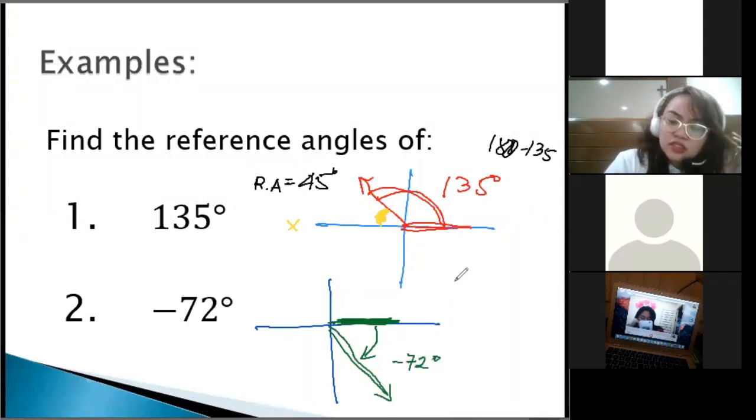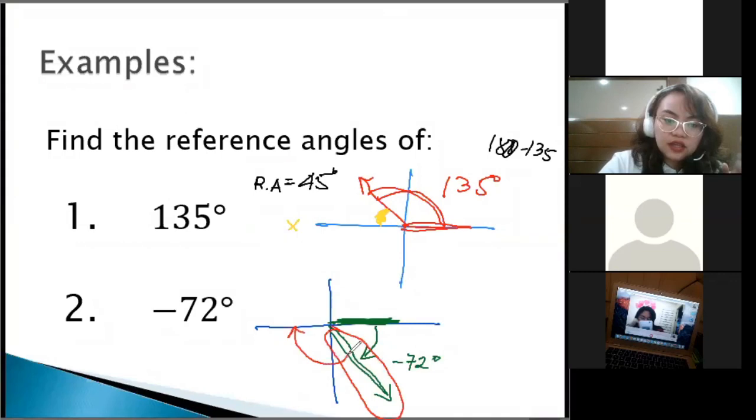So, it's negative 72. Where is your terminal side closer? Angle to the left or angle to the right? Angle on the right. Very good. You're not looking at y, you're looking at x. So it is closer here. Therefore, what's the measurement? It's already 72 degrees.